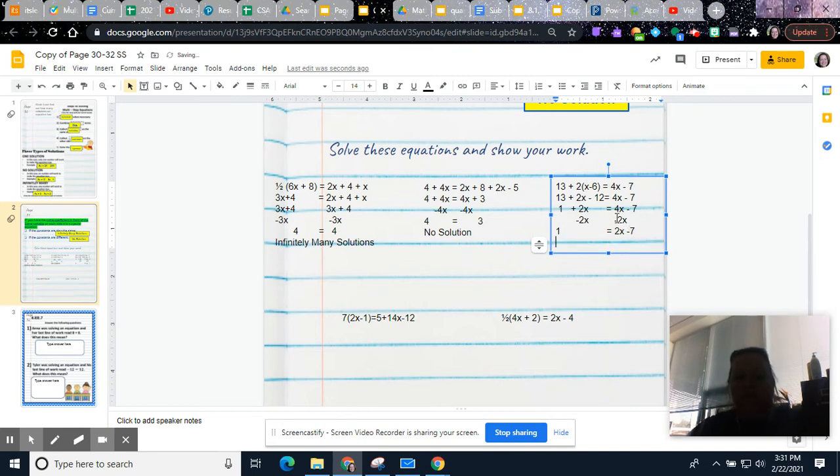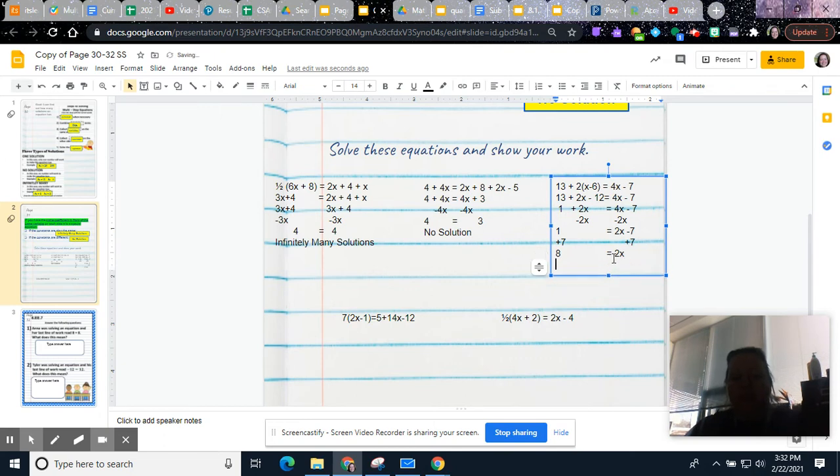So since we moved all the variables to the right, now we're going to move the constants to the left. So we need to move this -7. Since you're moving it across the equal sign, you have to do the opposite. So we're going to add 7 to both sides. You're going to be left with 8 equals 2x. -7 plus 7 is 0. Now you have 8 equals 2x.